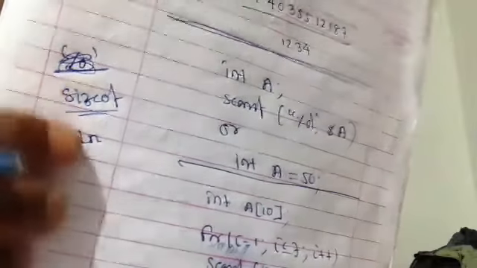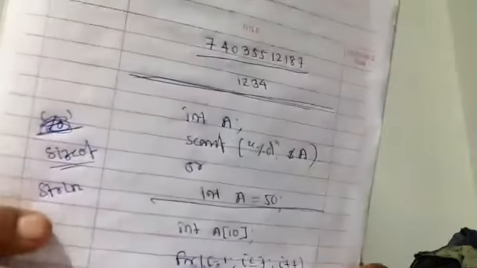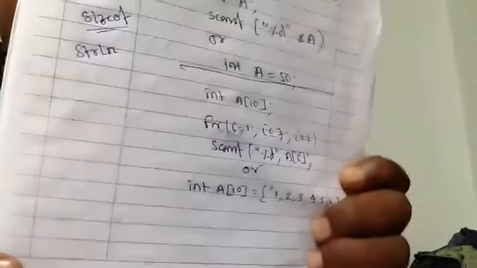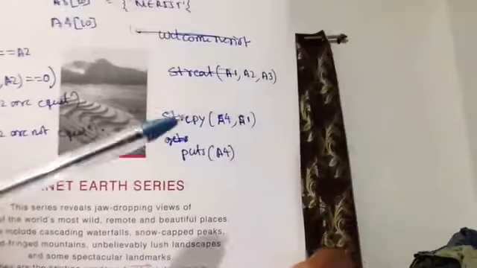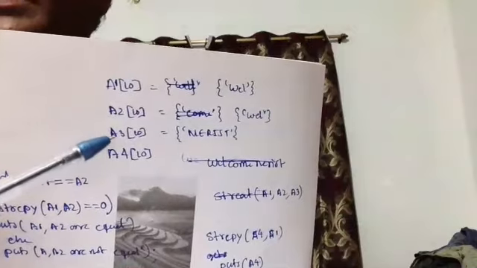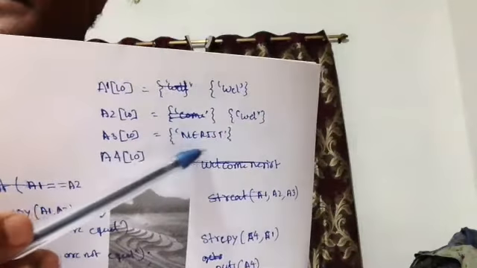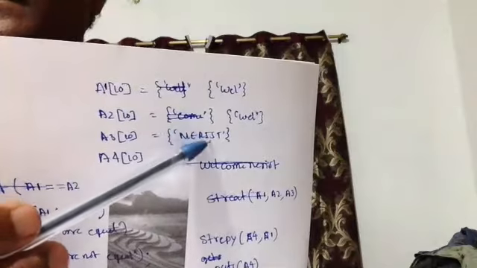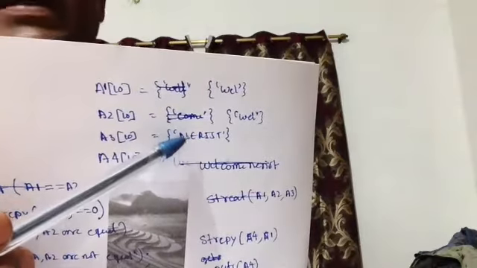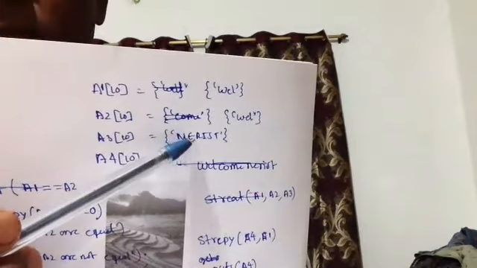The difference is that if I put 10, for example here, this is the example, char s[10] equal to "marriage". So strlen returns what? It returns the number of characters, that is your 6.